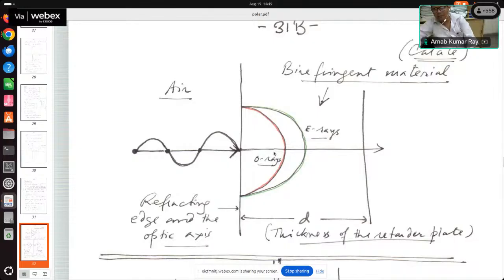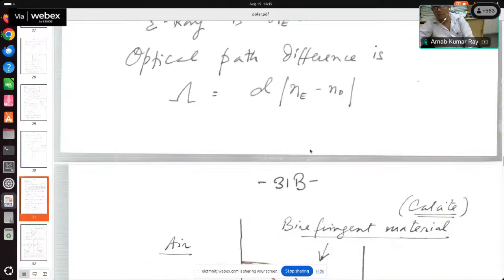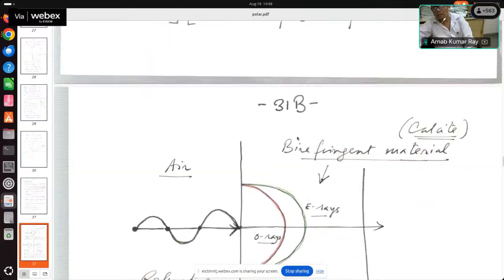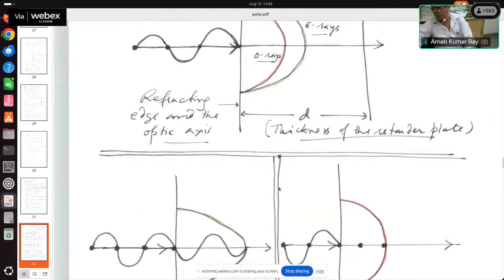We are actually doing geometrical optics. So here, this is Huygens's wavefront formalism. O rays will travel with a spherical front, or rather in 2D, a circular wavefront. But the E rays will travel faster with an elliptical wavefront. And you can immediately see that in terms of the optical path difference, the difference will arise here, the gap between the two.